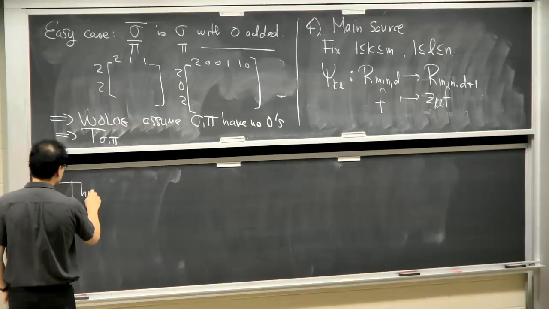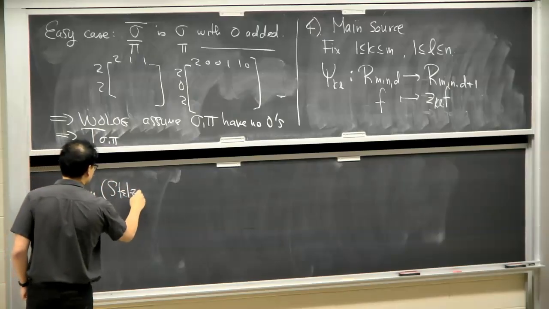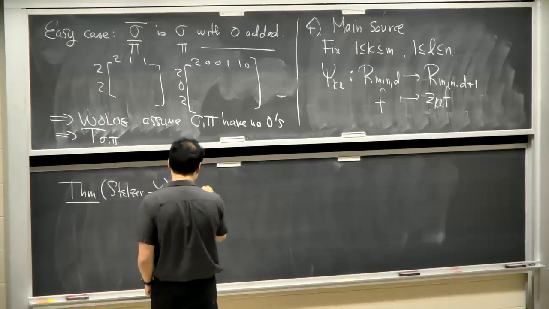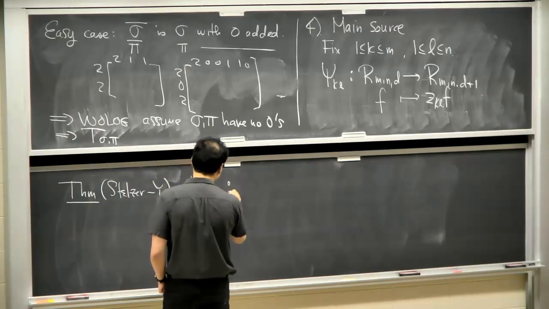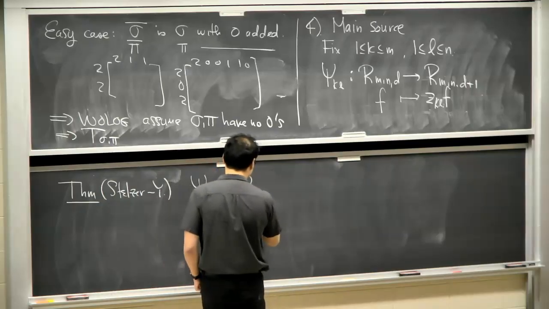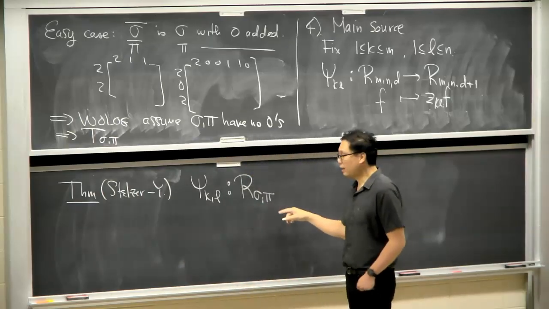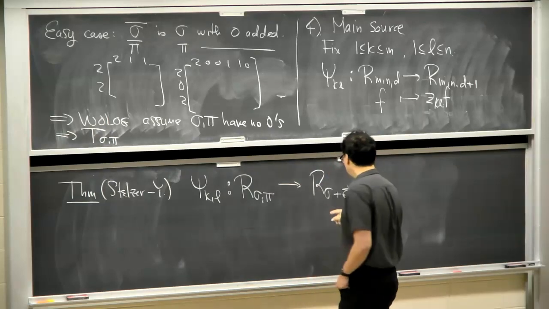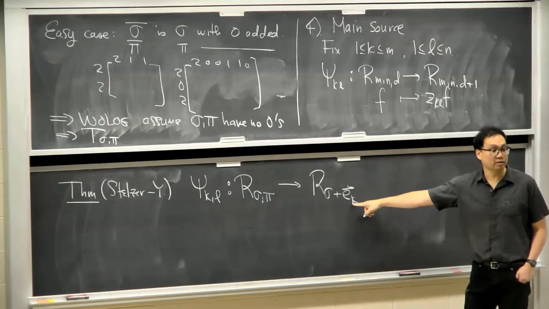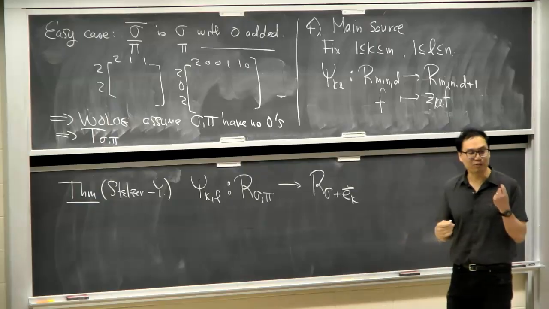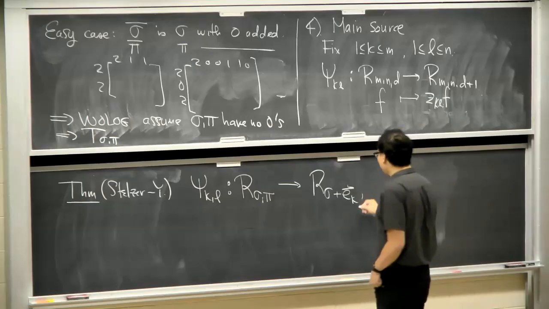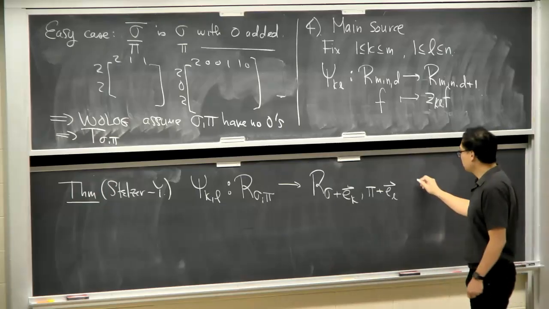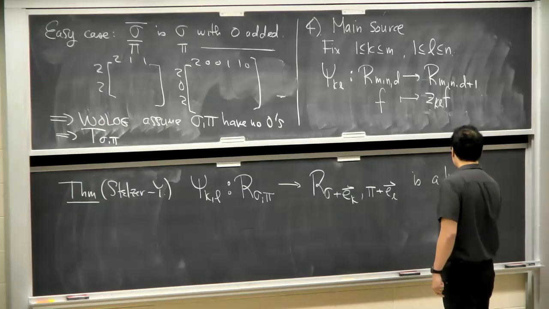Here's the theorem with Ada. This map, you restrict it to sigma and pi, will of course go to sigma plus e_k, the standard basis vector, because you're shifting degree, the kth row, and then the kth column, is a linear isomorphism.